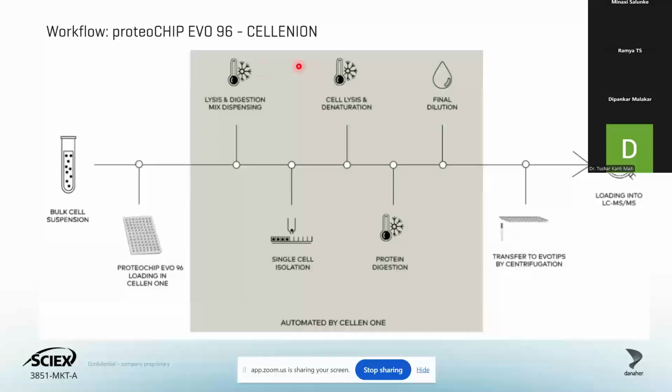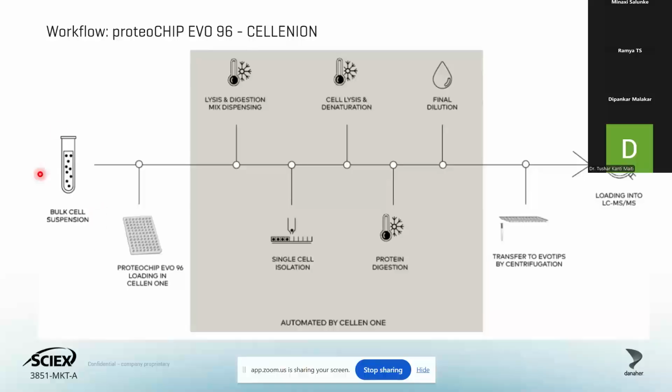Now I will talk about a workflow here. Cellenion has this Proteochip EVO 96. This is a sample preparation workflow, because I am stressing that sample preparation is very important for single cell analysis. Here you can see this workflow depicts how we can transfer the single cell protein content from the tube to the LCMS.